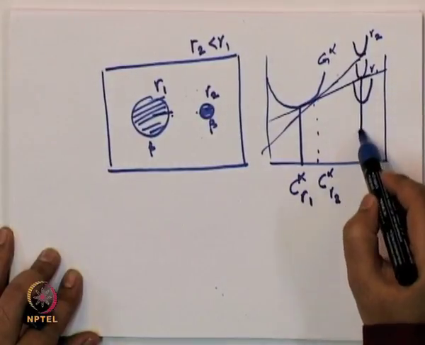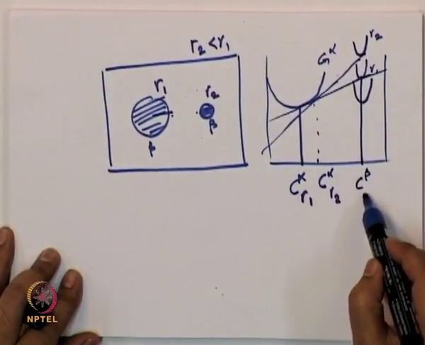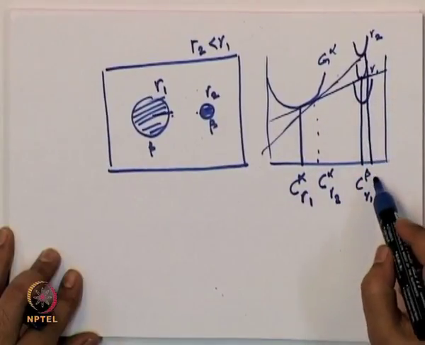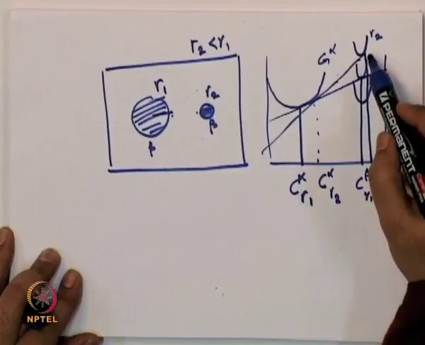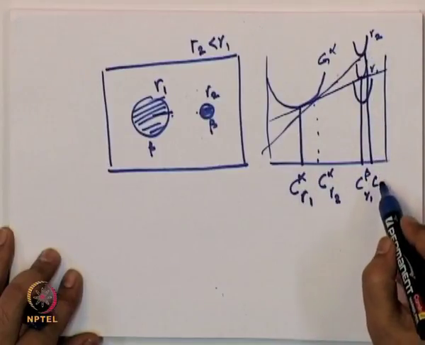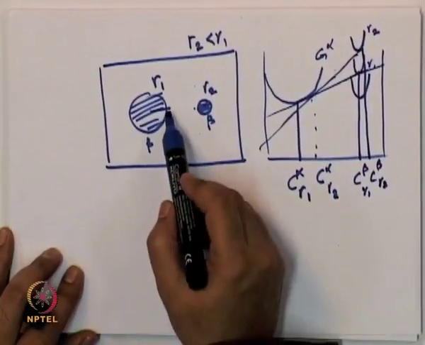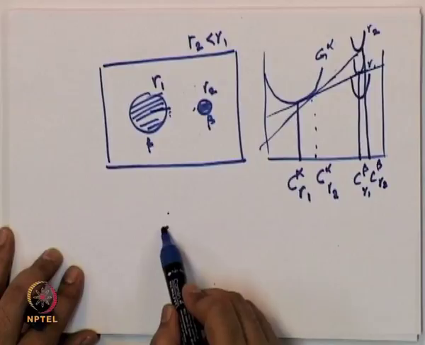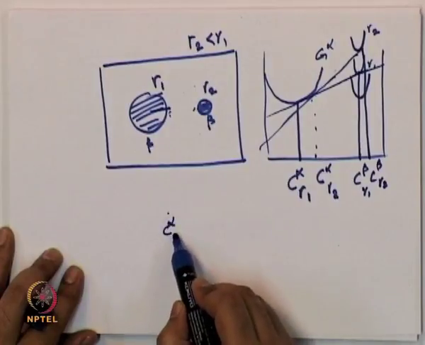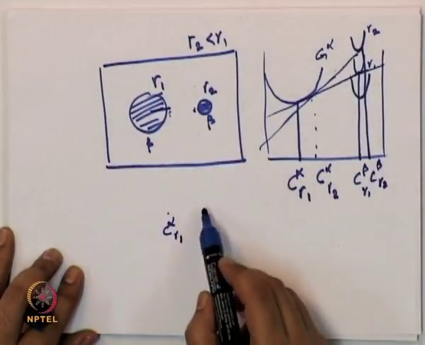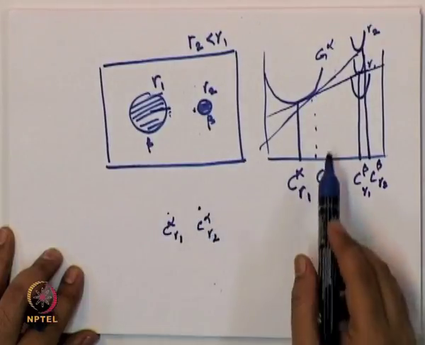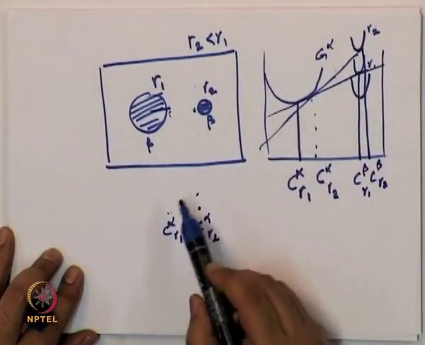Similarly, this is C beta R1 and this is C beta R2. So, if you look at the composition outside, at these points you have C alpha R1 and here you have C alpha R2. C alpha R2 is a higher value than R1.